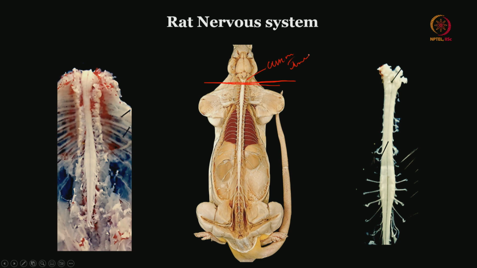All right. If you all remember the previous sessions on neuroanatomy, we discussed something known as the brainstem. The brainstem had 3 parts, that is midbrain, pons and medulla oblongata.